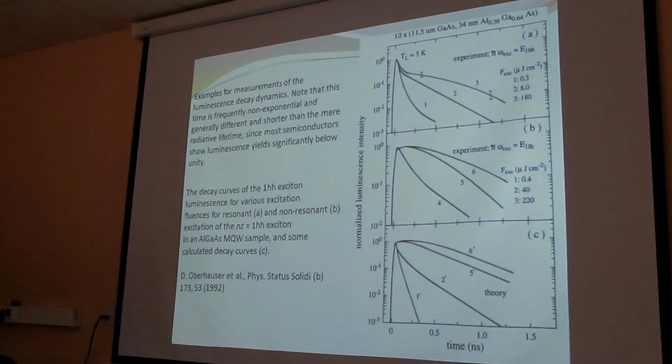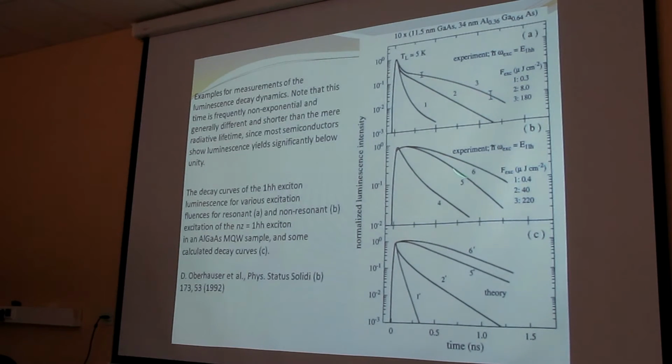And if we pump even harder, then we heat the exciton gas. We also saturate the defect states first, and then the exciton gas has to cool down a little, and only here we observe really something like exponential decay.